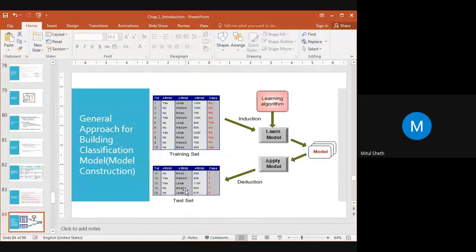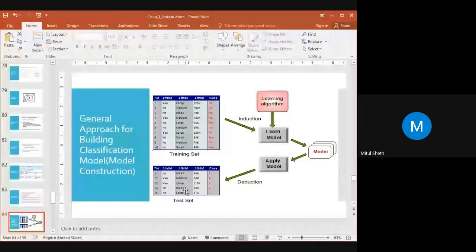But I have data that yesterday there were so many parameters, this much humidity and this much temperature, and the cricket match was possible. So this type of data I have, but I don't know whether tomorrow I can play or not. I don't know the future. So for that I am applying those data as a test data.